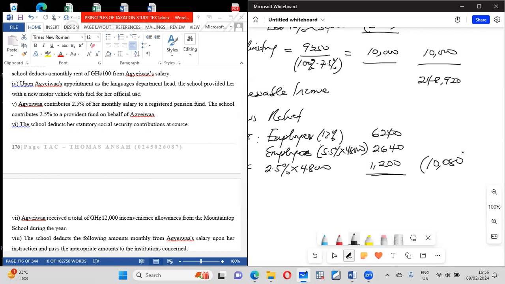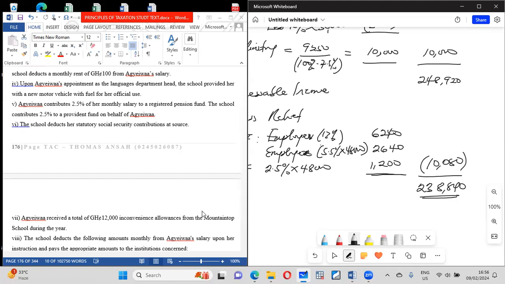This is a deduction, so we do that and we are done. 10,080 minus 248,920 gives me 238,840. So basically that's that. We are done with the A part of our question.